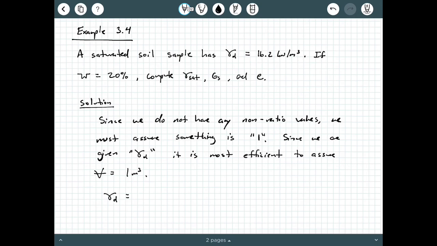Gamma dry is equal to the weight of solids over total volume, right? So if we assume total volume is equal to 1, and we know gamma dry, that's given to us in the problem statement, what can we immediately calculate? We can immediately calculate the weight of soil solids, okay? So that'll make our lives go a little easier, okay?